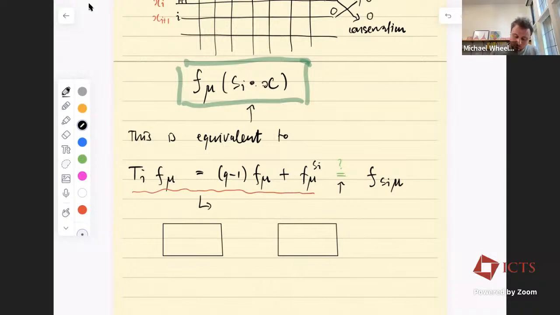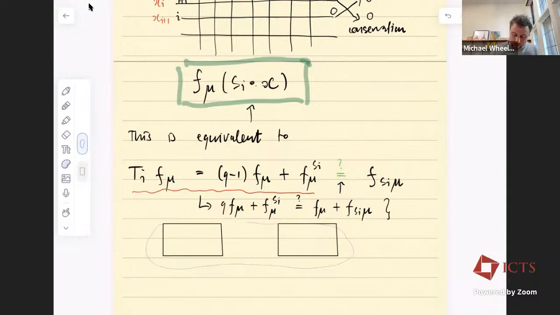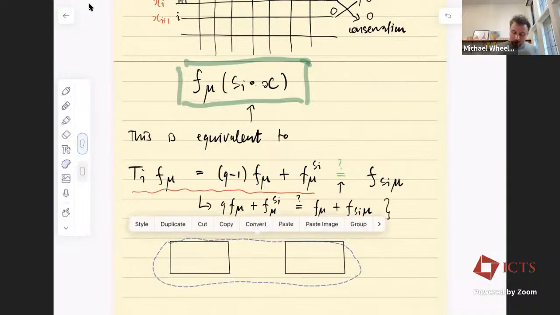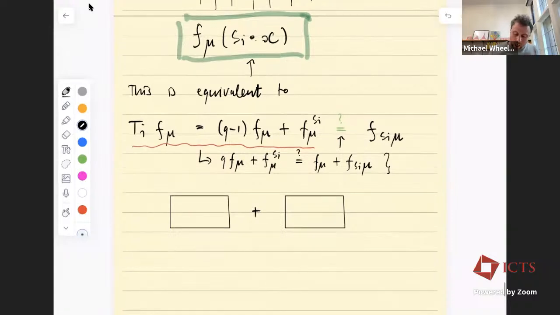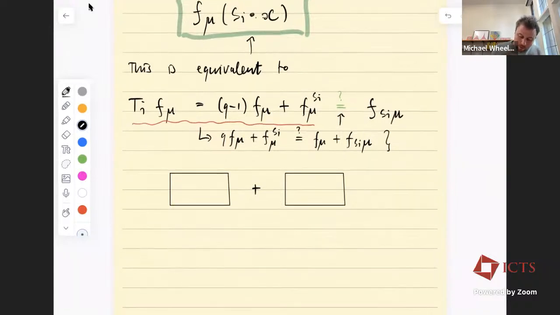So this rearranges to q times F mu plus F mu si needs to be equal to F mu plus F si mu. That's what we need to show. And so let's see if it's true. In particular, you see there are no coefficients of x or anything funny like that. It's just purely a statement on the partition functions themselves.